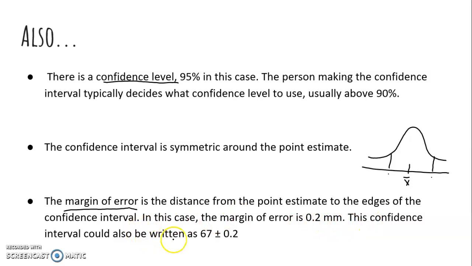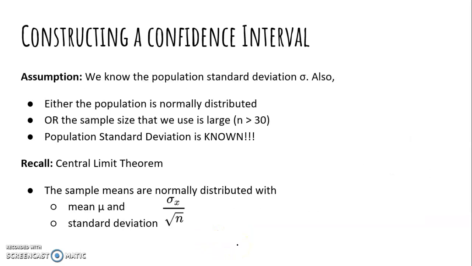So the confidence interval could be written as 67 plus or minus 0.2. So 67 would be in the middle, plus 0.2 would give you 67.2, minus 0.2 would give you 66.8, which is the confidence interval they gave on the previous slide. So this is another way to write your confidence intervals: instead of writing the lower boundary and the upper boundary, writing the point estimate plus or minus the margin of error.